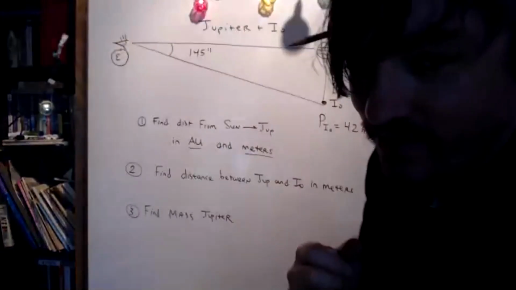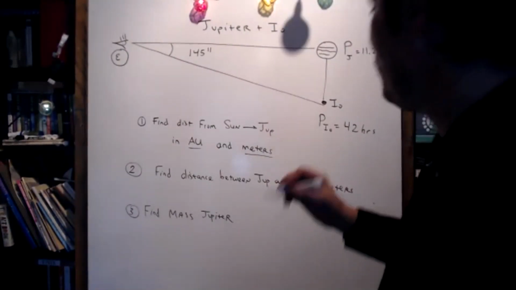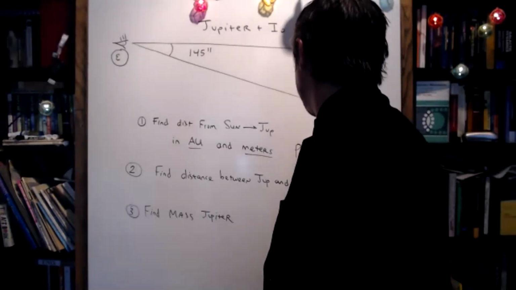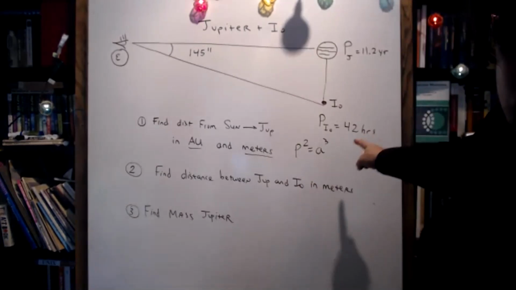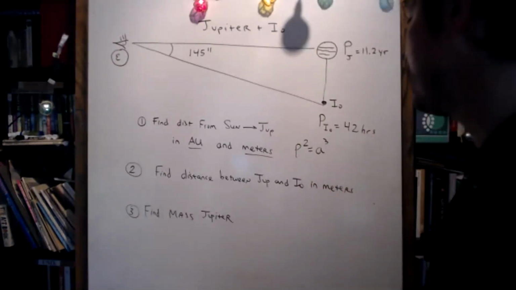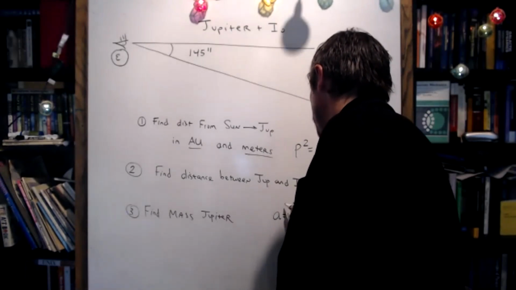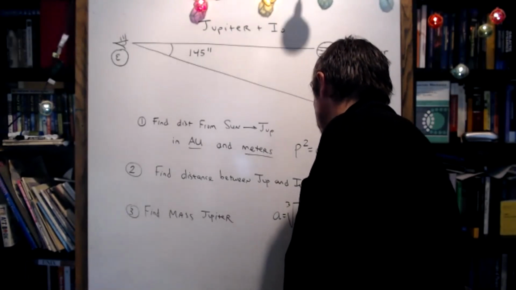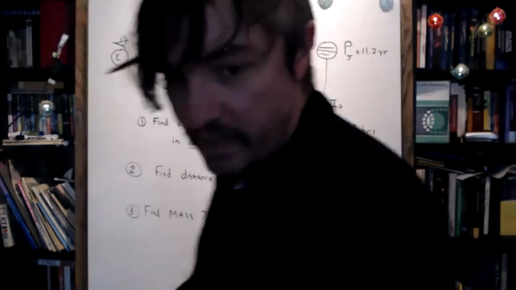Not Newton's third law. Somebody's third law, but not Newton's. Oh, P squared equals a cubed. Right, don't ever forget about that. P squared equals a cubed. You can find the distance between the sun and the planet very fast. So all you'll do is you'll say a is the cube root of 11.2 years squared. Punch that up and tell me what you get.